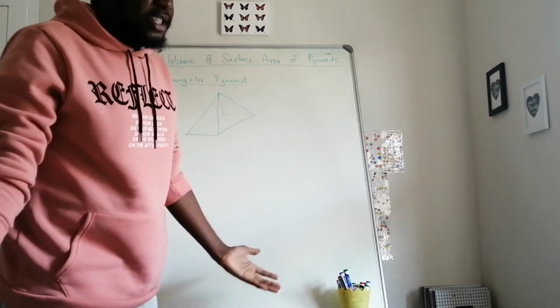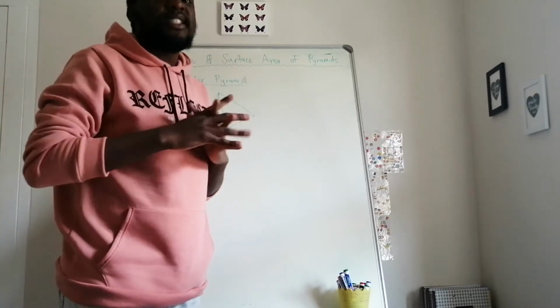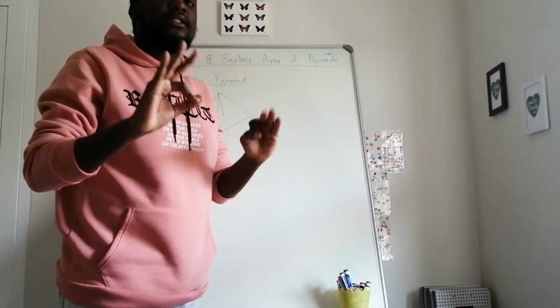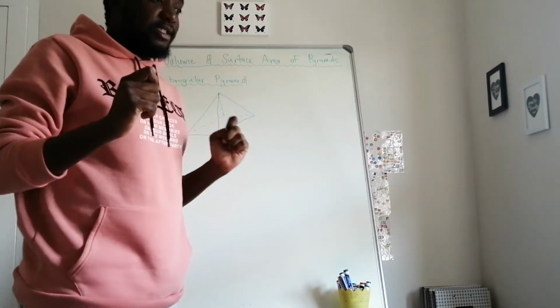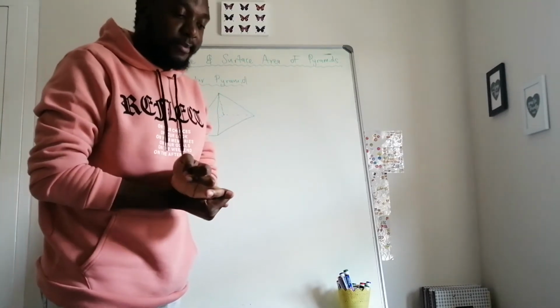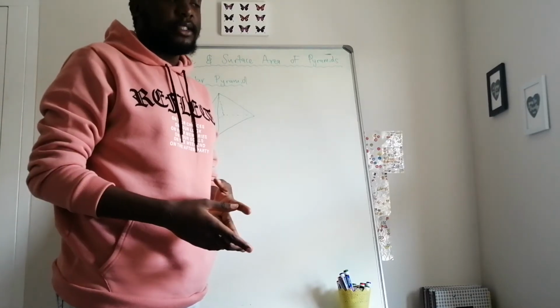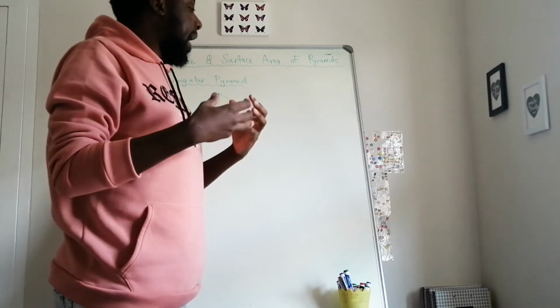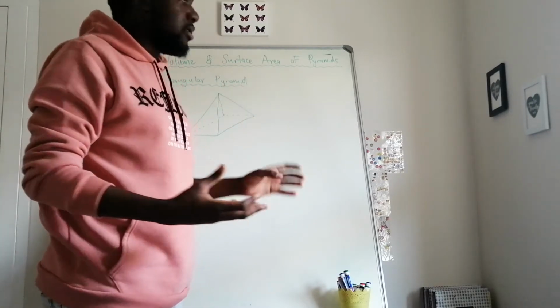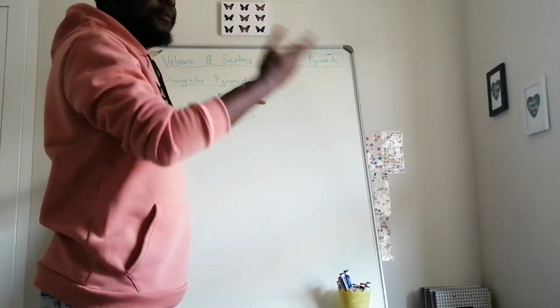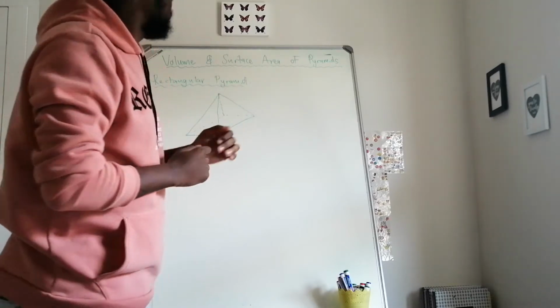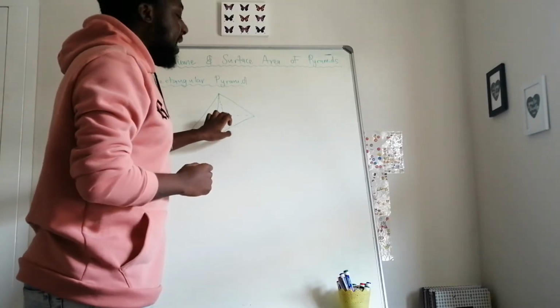So today we're looking at how we're going to find the volume and surface area of pyramids, right? But before we get into that, I want to first highlight that there are three kinds of pyramids. There's a triangular pyramid, a rectangular pyramid, and a square pyramid. The first word of the name comes from what the base is.